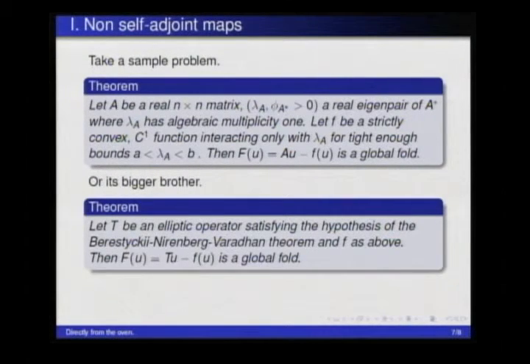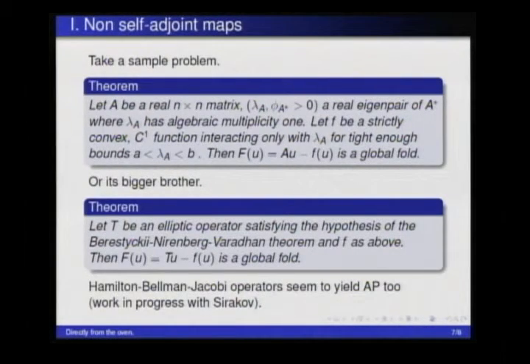You still have global folds provided f interacts with the first eigenvalue in a very tight way, okay? And actually, Boyan is willing to put his head in to be chopped, right? We do believe that we can extend this point of view to more general operators, for example. The geometry really does it for you.